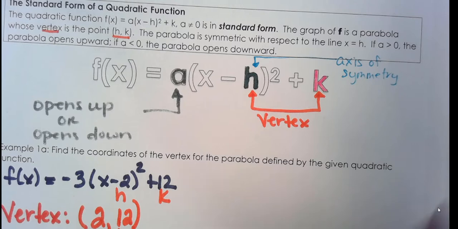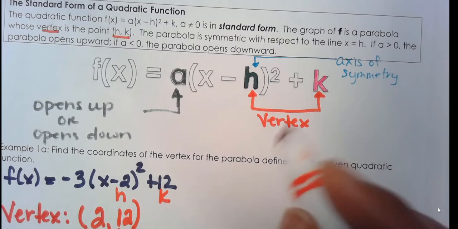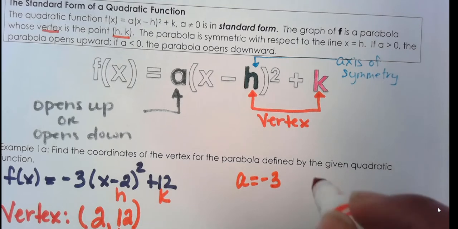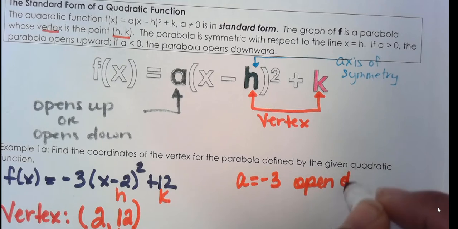Okay, so will this parabola open up or down? Well, find your a. Our a here is -3. And because it's negative, this parabola will open downward.